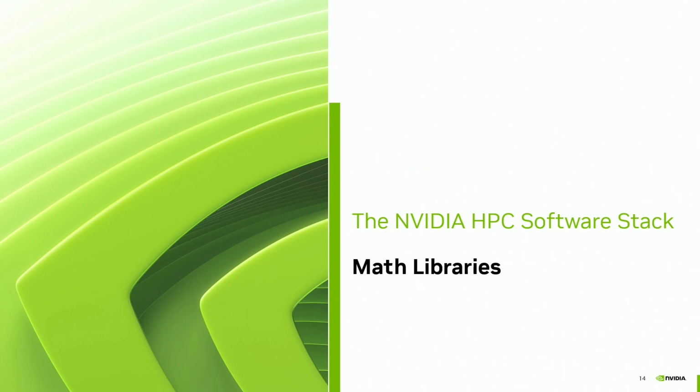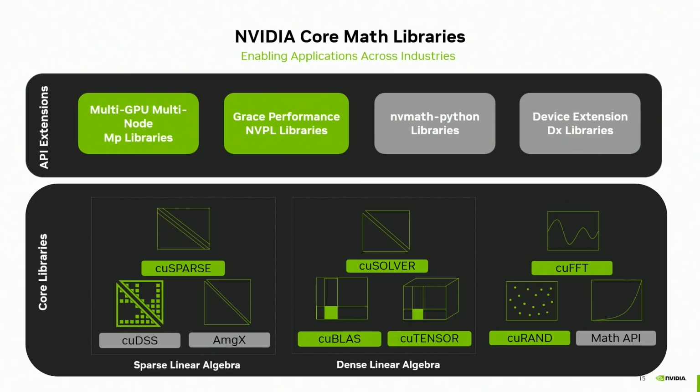All right, we're going to chat about some math libraries now that come in our NVIDIA HPC SDK. As you heard Jensen probably mention in the keynote, we have over 400 CUDA-X libraries, I think over 900 if you include frameworks. And of those, close to 40 core math libraries and API extensions, with more to come.